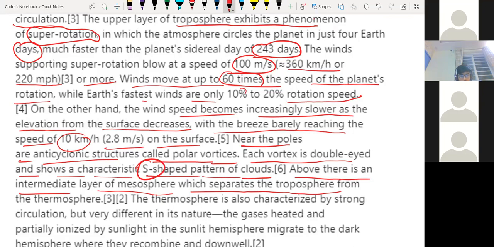The thermosphere is also characterized by strong circulation. Due to the rotation speed of Venus being very high compared to the Earth, the atmospheric layers we have on Venus are different from the Earth, very different in nature. The gases are heated and partially ionized by the sunlight.